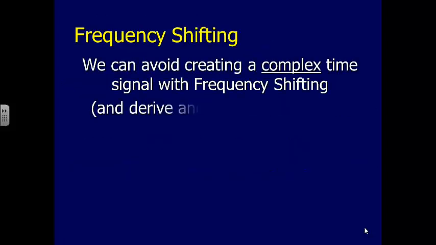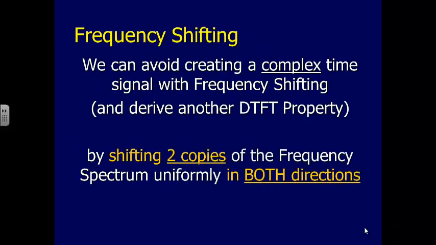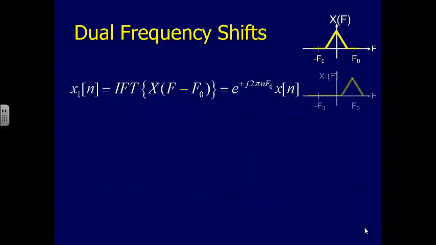You can avoid that by doing a combination of shifts, by shifting two copies of the frequency spectrum, one at plus f0, one at minus f0. So if you've got some known transform, the property tells you what to do if I shift that whole thing over by f0: multiply the exponential times the time function.